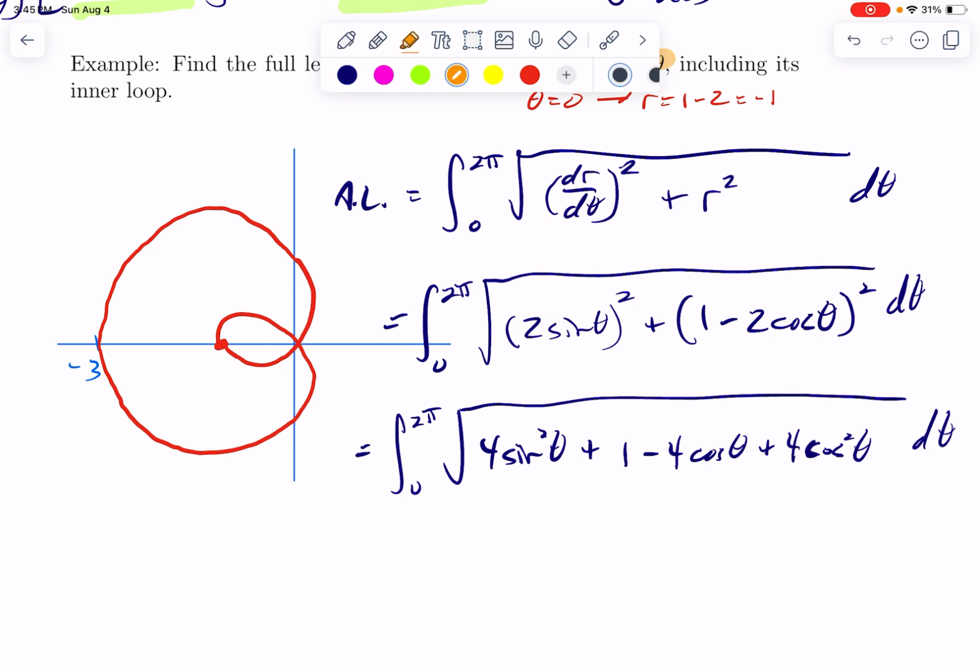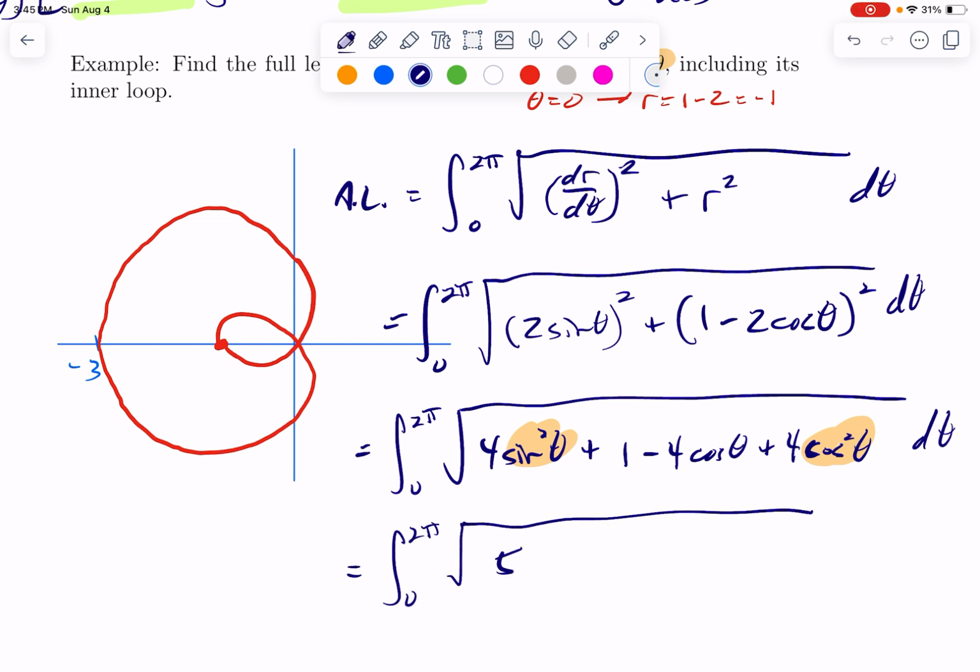We have another example of sine squared and cosine squared, which we could combine, and we would actually just have 4, because it's just 4 more than the usual sine squared plus cosine squared. And then we could add that to 1. So we're integrating here the square root of 5 minus 4 cosine theta.